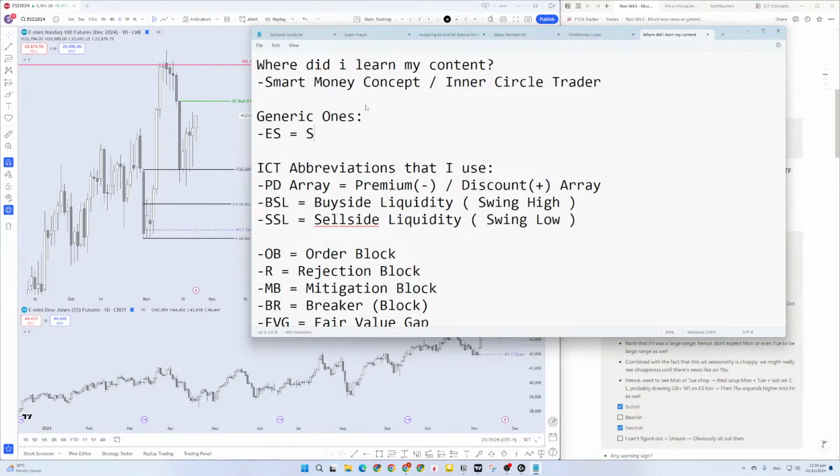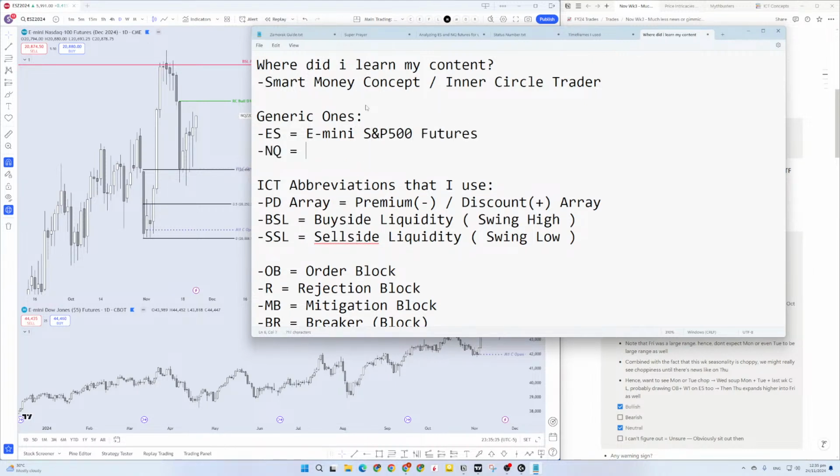ES equals S&P 500 E-mini futures. NQ equals E-mini Nasdaq, I think. I probably am wrong about this, but basically this is your QQQ.